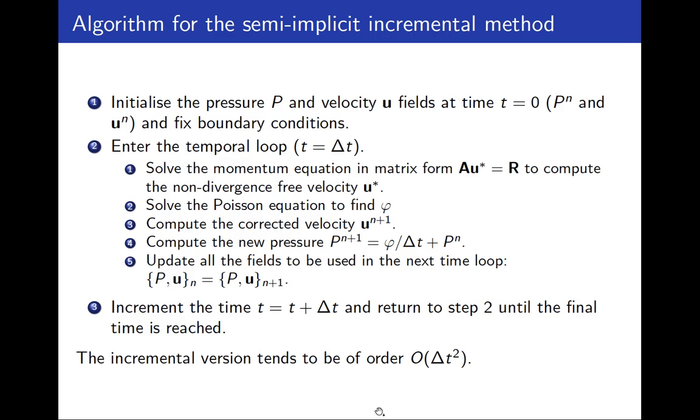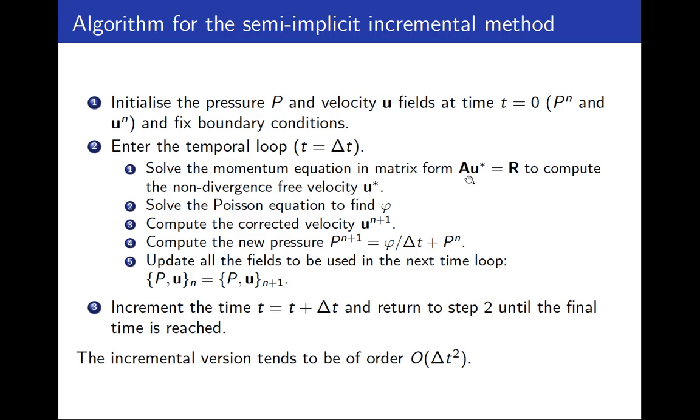So the algorithm for the semi-implicit incremental method is very similar to the algorithms that I previously showed. The only difference is that we need to solve the momentum equation in matrix form. So that means that we need to solve this matrix system.